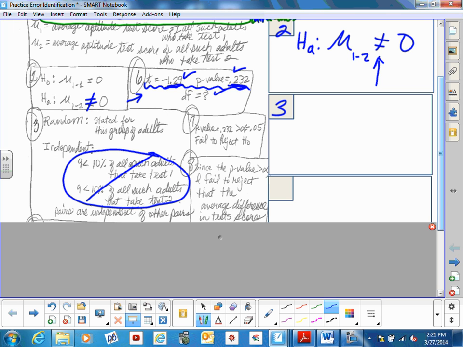Okay, so for this number 3, 9 is less than 10% of all such adults that take both tests. Now, I have to tell you that I said there's only one mistake per box.